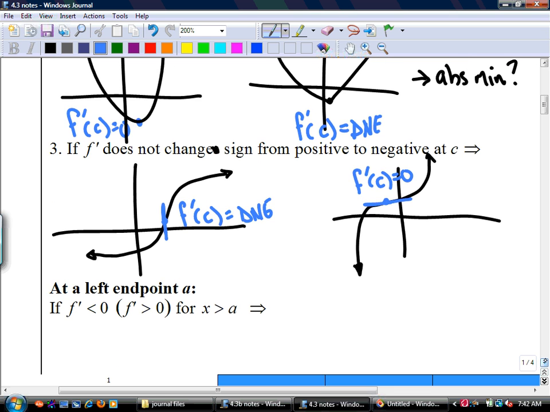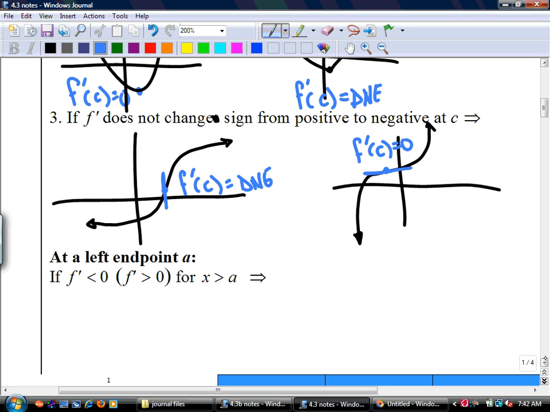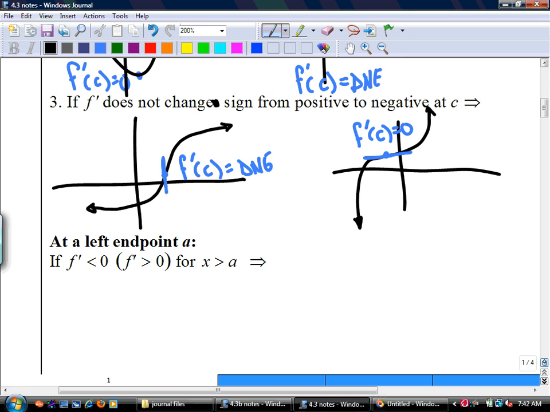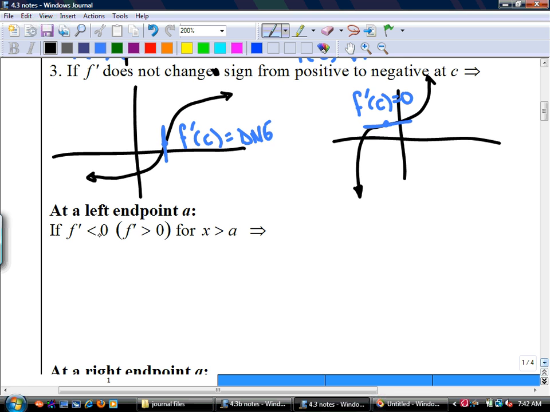Okay, if the derivative is negative, we've got to draw a picture for this one. So if f prime is less than 0 when x is bigger than a, the slope is negative when you're going to the right of a.